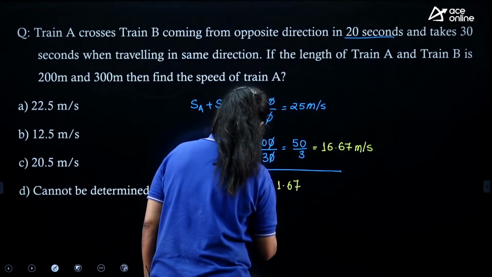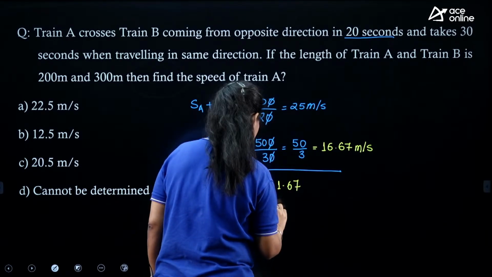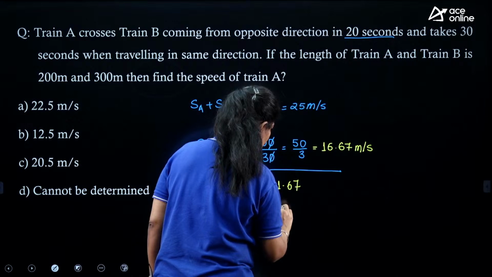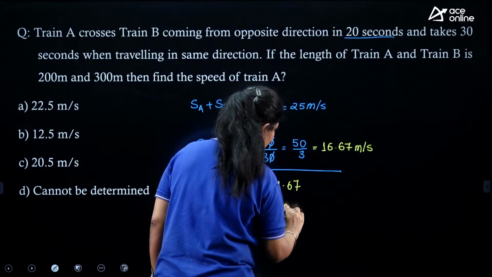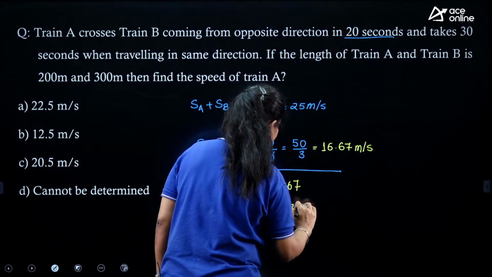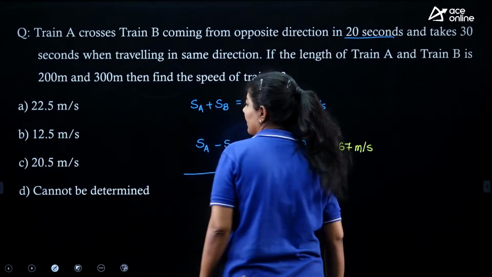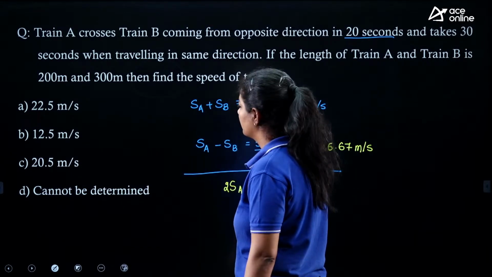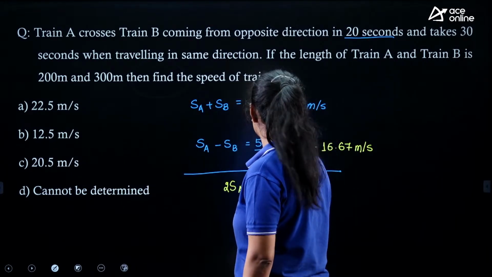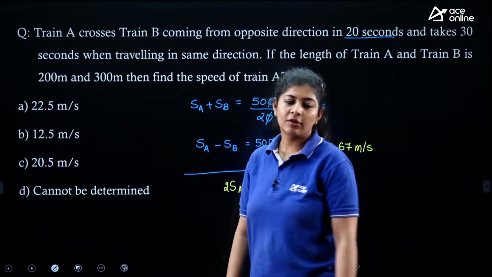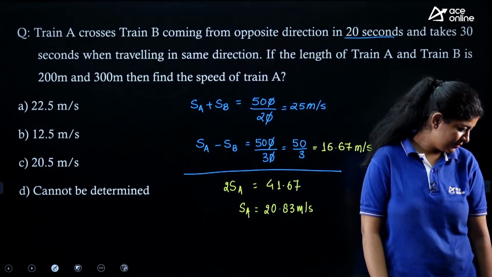So speed of train A is nothing but equal to 20.83 meters per second. Are we having this kind of option? No. We are not having this kind of option.